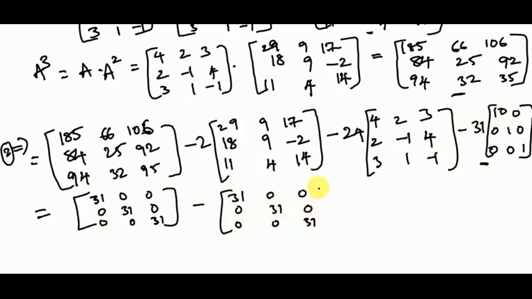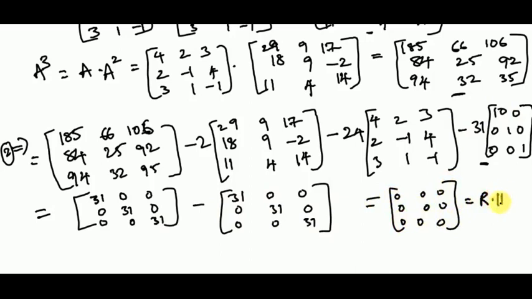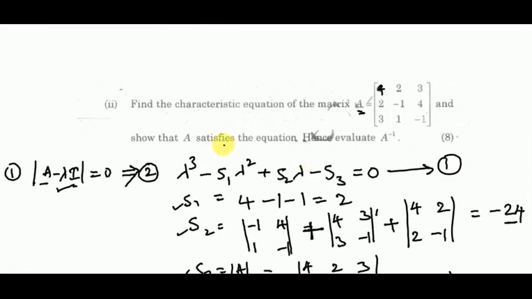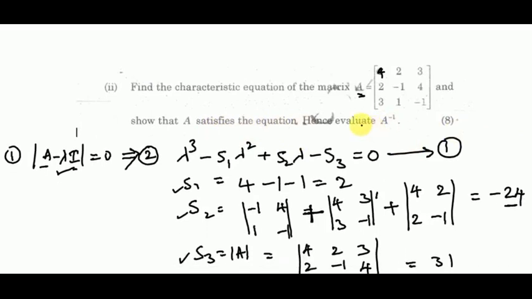If you simplify, you will get the zero matrix, which equals the right hand side of the second equation. So we can say that A satisfies the equation.